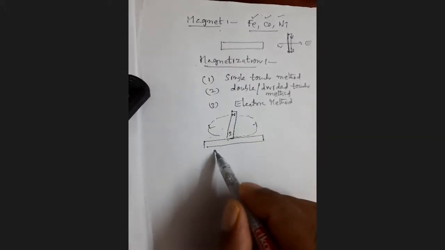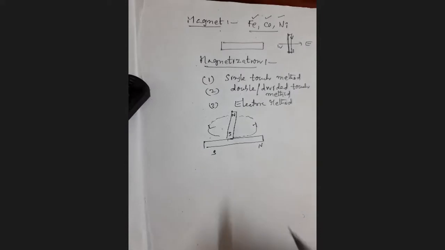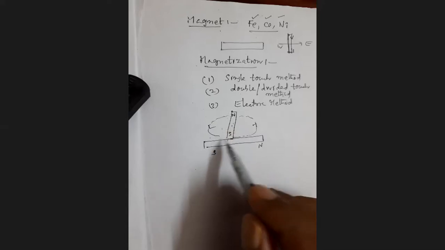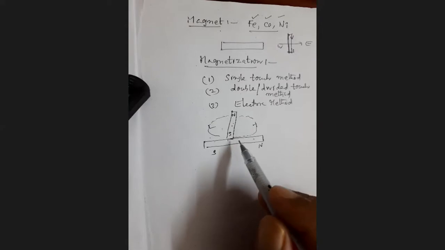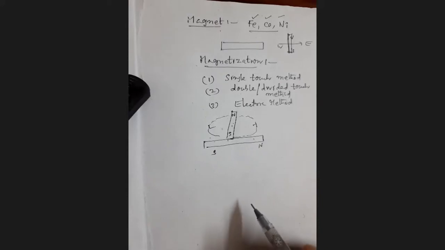Then we get the south pole and the north pole. So we are using one bar magnet, touching it to the iron bar and sliding over it, and the iron bar is converted into a magnet. Hence it is called the single touch method.